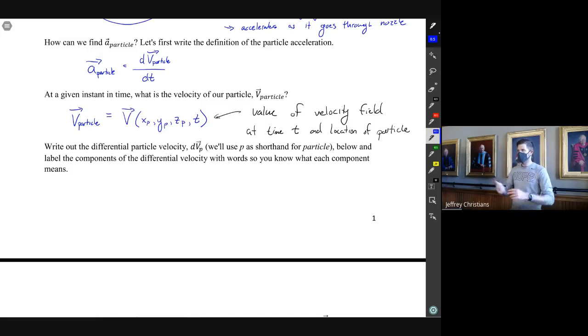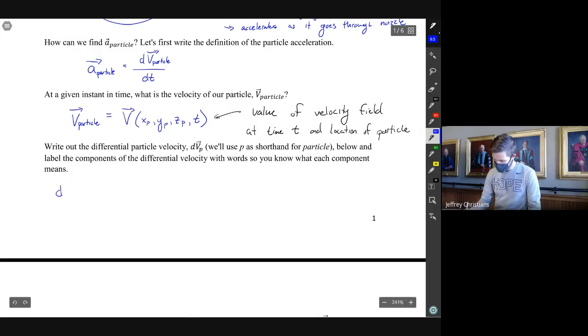You could be changing in all of these dimensions. For now, we'll assume that we could have a flow that's changing with time, not necessarily a steady flow. So your differential particle velocity, I'll write this and then we'll talk through a little bit why it looks the way that it does.